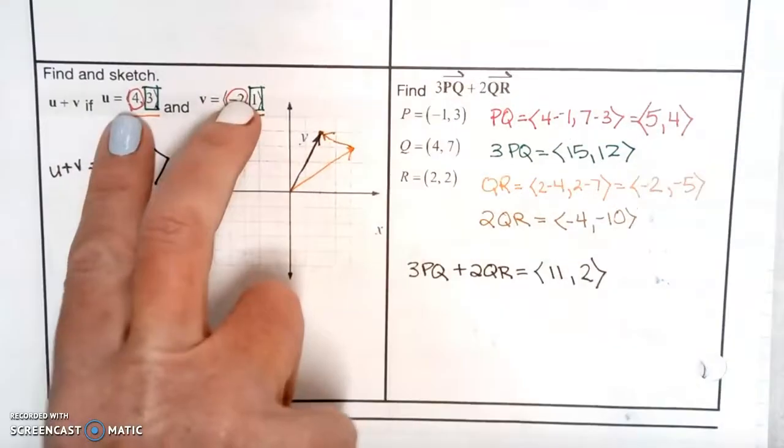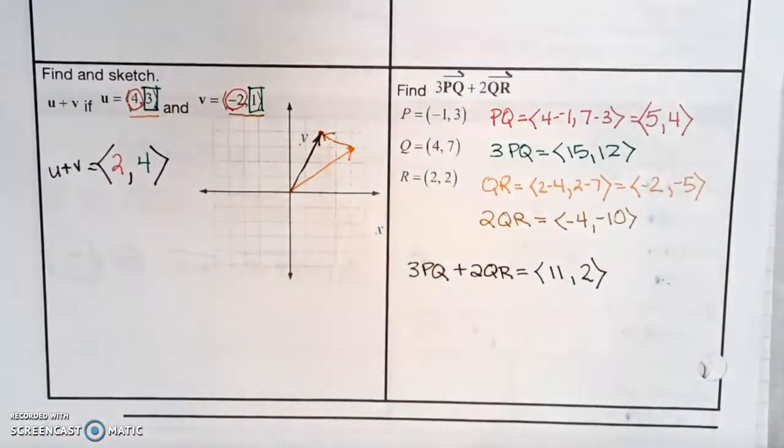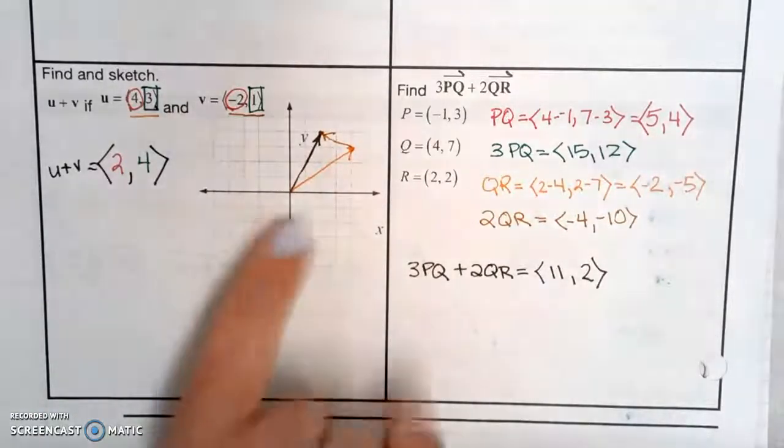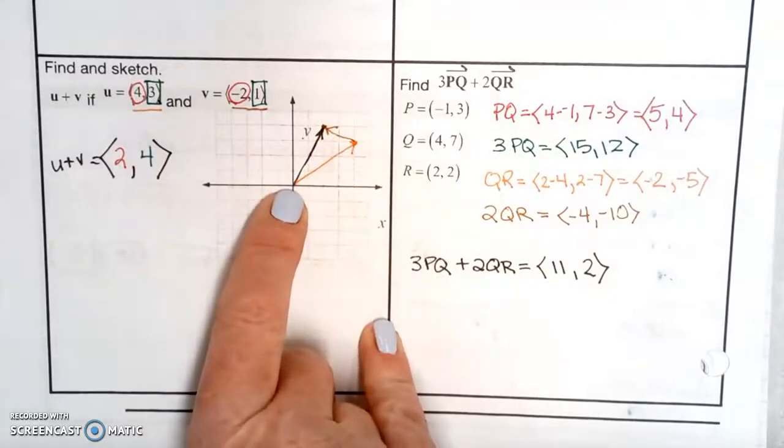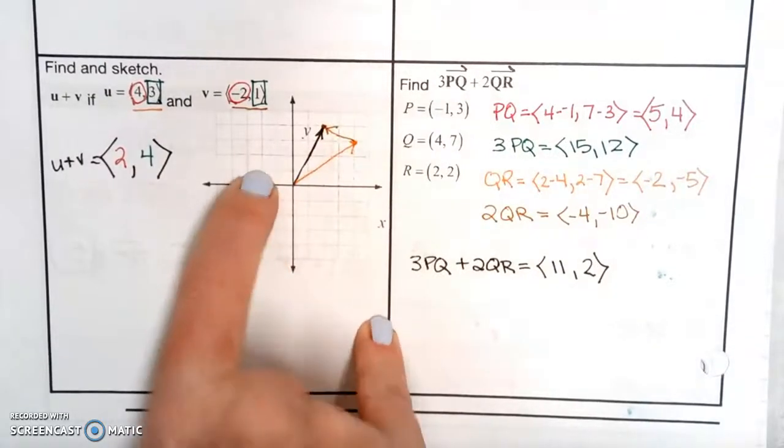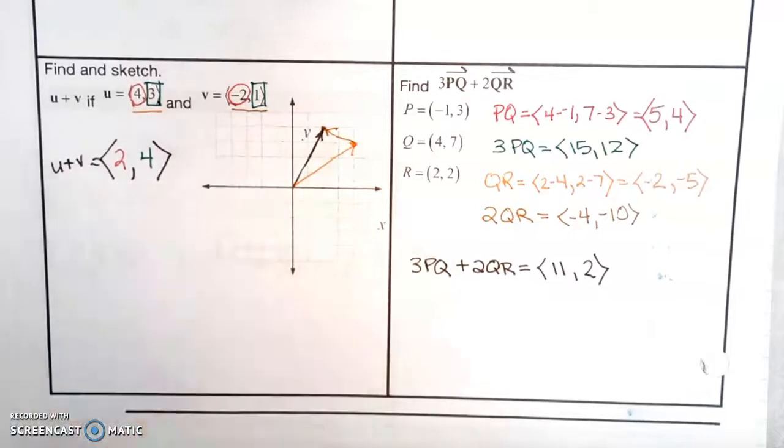Because they want us to add them together, we're combining the two vectors. If we weren't adding them and we were just graphing them each separately, it would start at the origin, and we would go negative 2, 1, and it would be right there. But because we're combining them, that's what's happening. Does that make sense? Yeah.